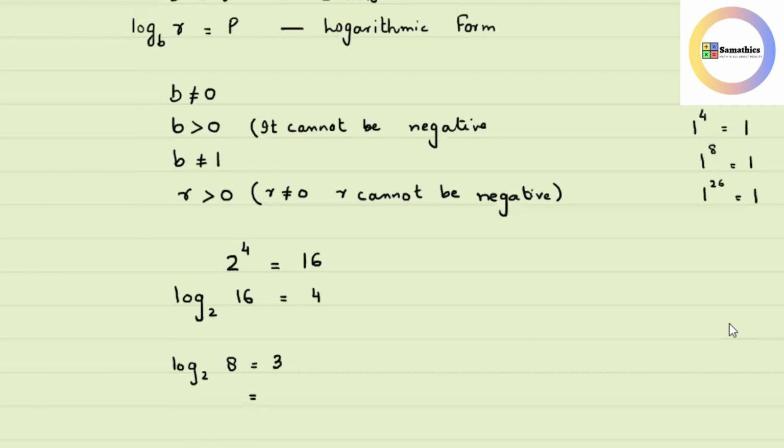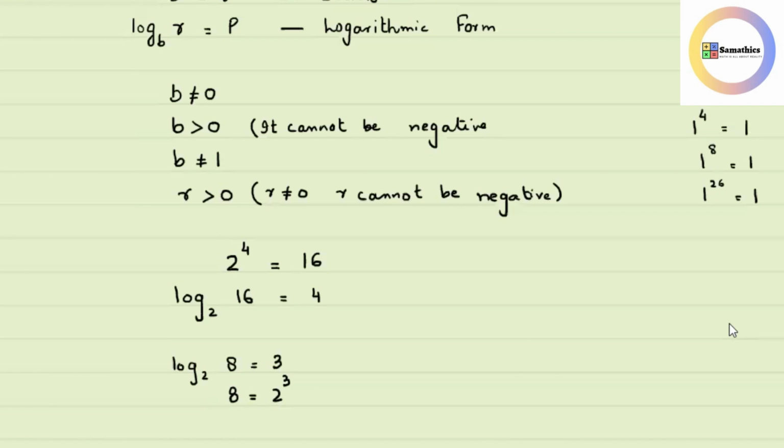This 3 would be the power of 2. So write 2 power 3, and 8 as it is. So 8 is equal to 2 power 3. This is the way you write in index form. Whenever you have to convert log to index form, the 8 will remain as it is, this 3 will become the power of 2, and then you remove the log.